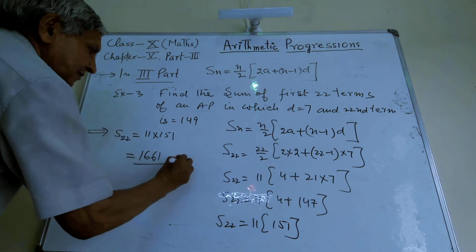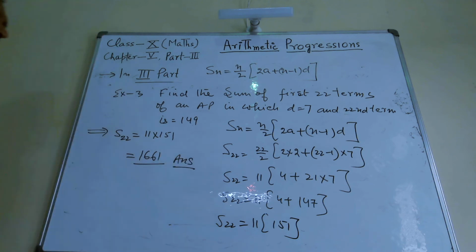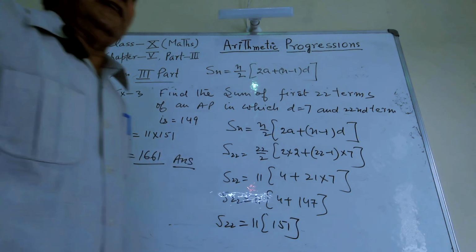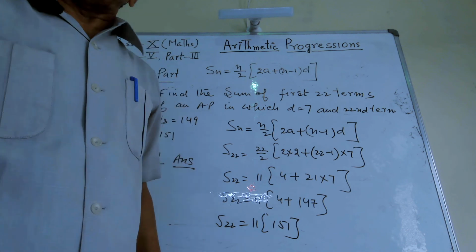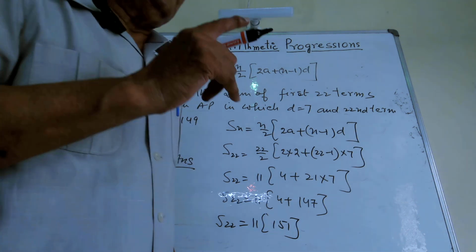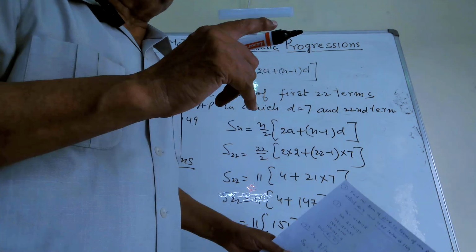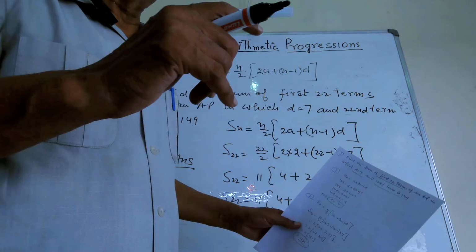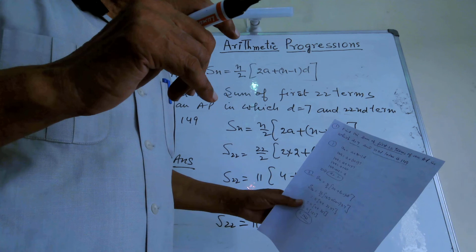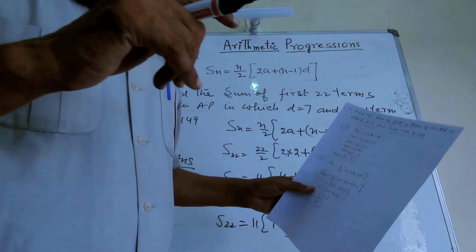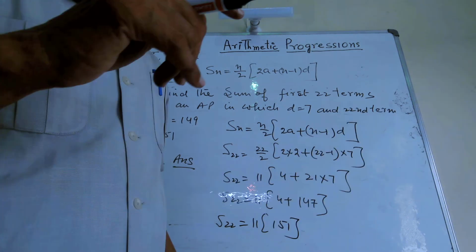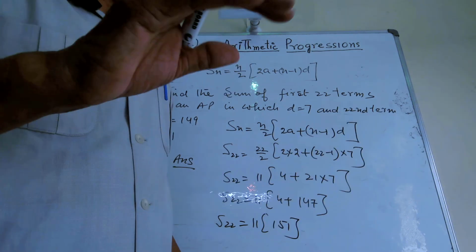This is the answer. My dear students, in the last examples, the second and third, you have seen that we have applied both the formulas: an = a + (n - 1) d, and Sn = n/2 [2a + (n - 1) d].